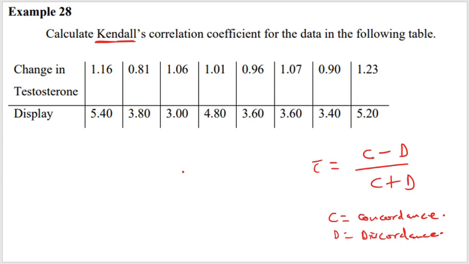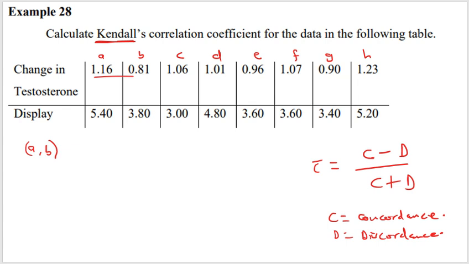let's indicate this as A, B, C, D, E, F, J, and H. It means that this column is your column A, column B, column C, and so on. Now let us take a combination of A and B. If I take a combination of A and B, it means I'm going to deal with column A and column B. Now let's look for the change in testron.